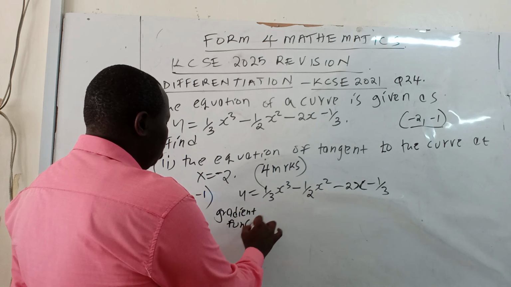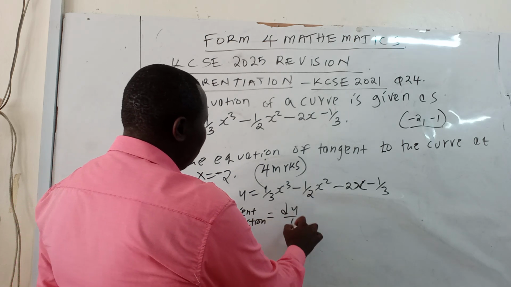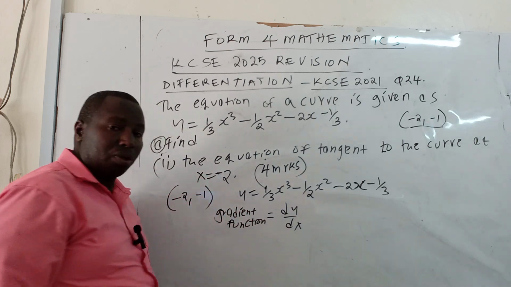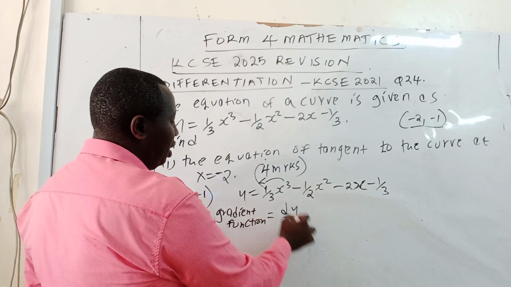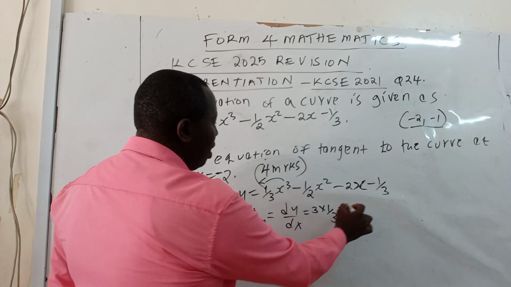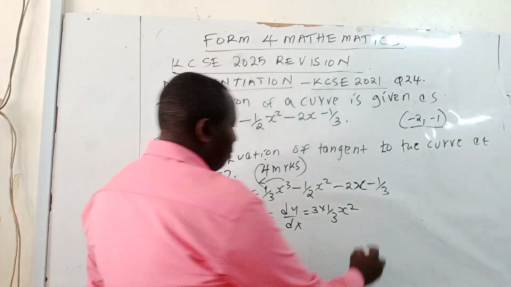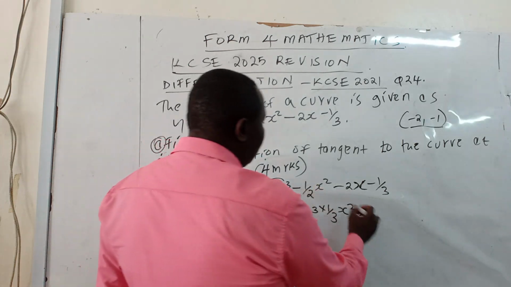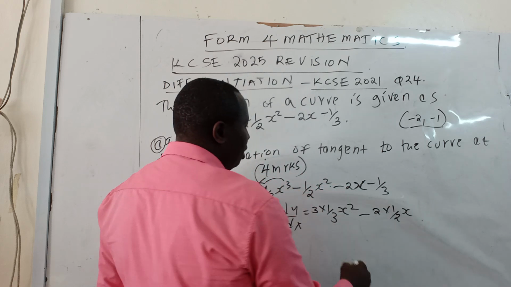The gradient function is the one we say dy over dx. You differentiate this function. When you're differentiating this power, you drop the power there. You get 3 times a third, then the power decreases by 1: x cubed becomes x squared. Minus a half: this is 2 times a half, x squared becomes x to the 1.